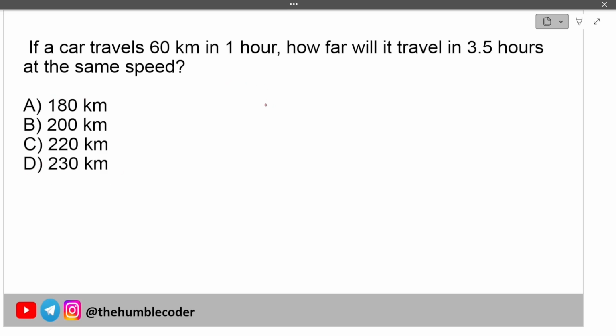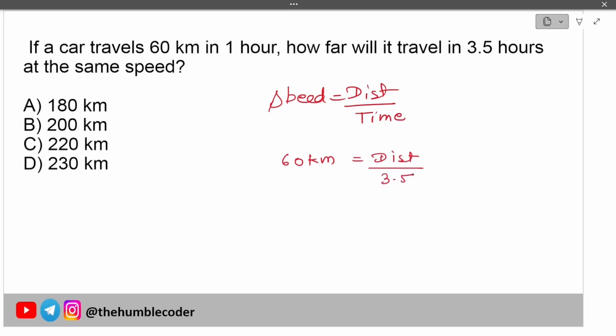So this is a speed based question, so you should know that the formula for speed is distance upon time. If you are aware of this formula, then it will be easy for you to solve these types of questions. So speed that is given to us is 60 kilometers per hour, and distance is the one that we have to find out, and time is given to us as 3.5 hours.